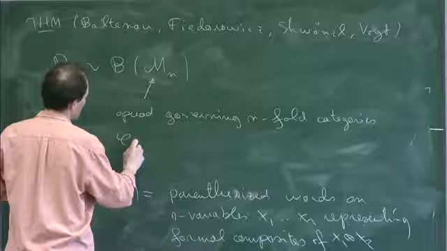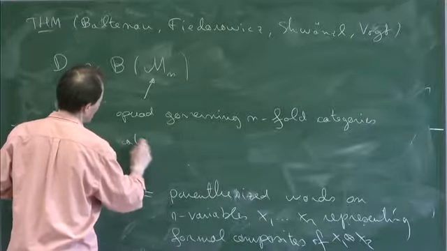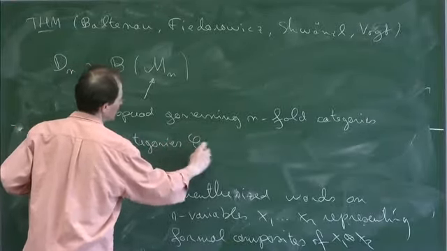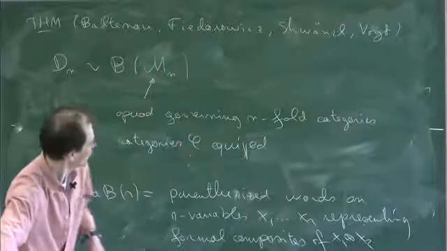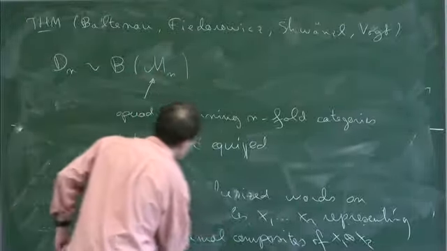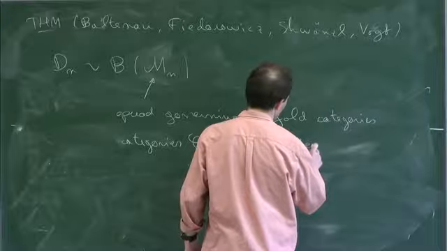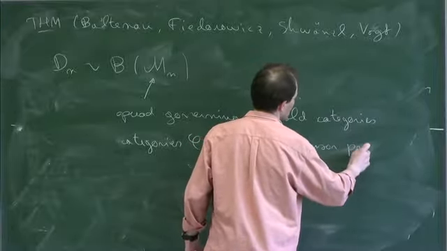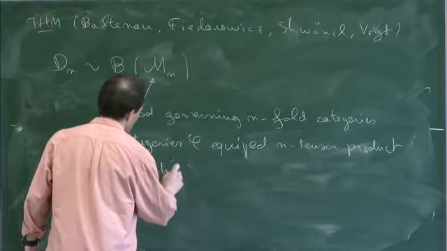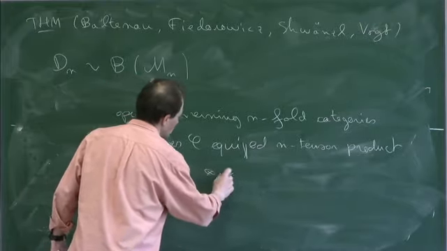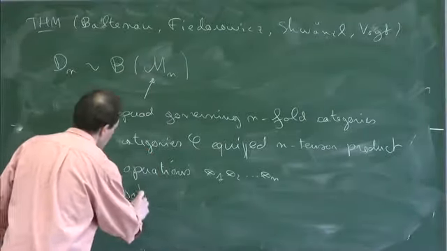So n-fold monoidal categories are just categories C equipped with n tensor product operations, tensor 1, tensor 2, ..., tensor n, satisfying some kind of distribution relation.